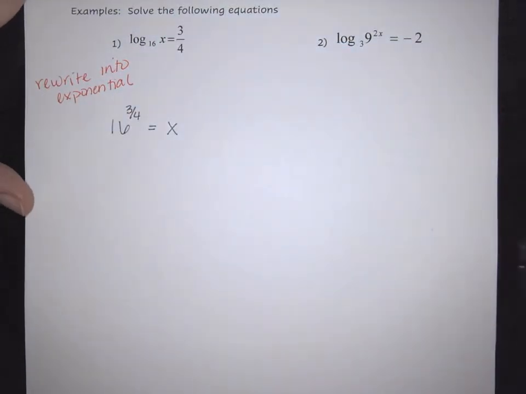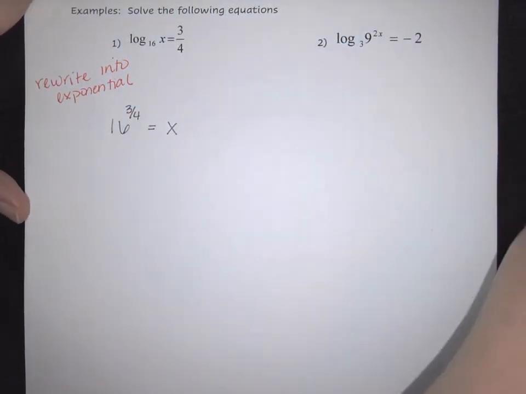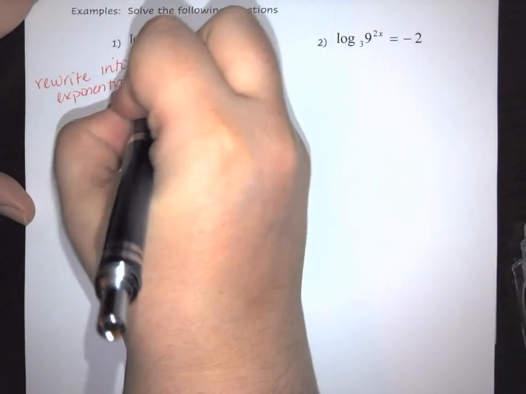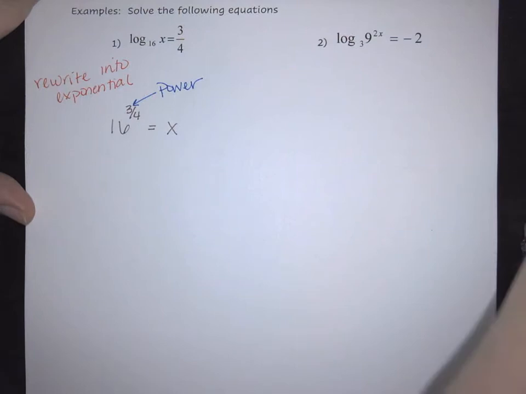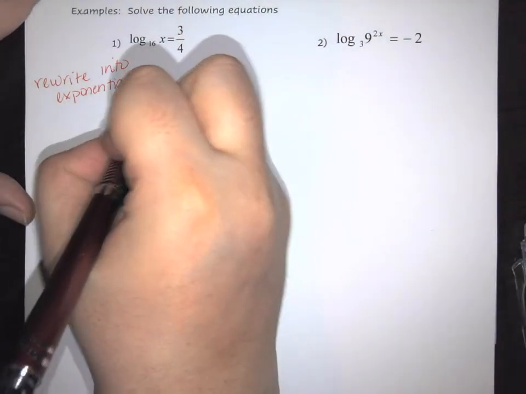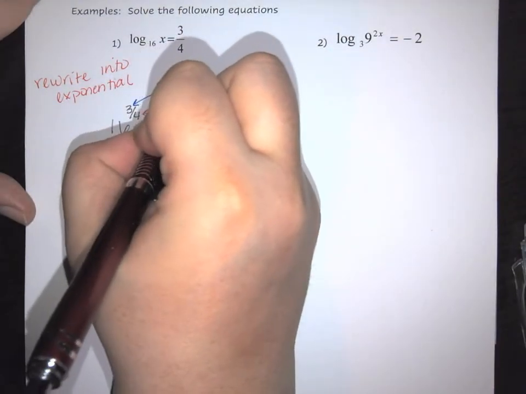Now with that, we have to remember some of those exponential rules. Those rules say that the numerator here is your power, and the denominator here is your root.